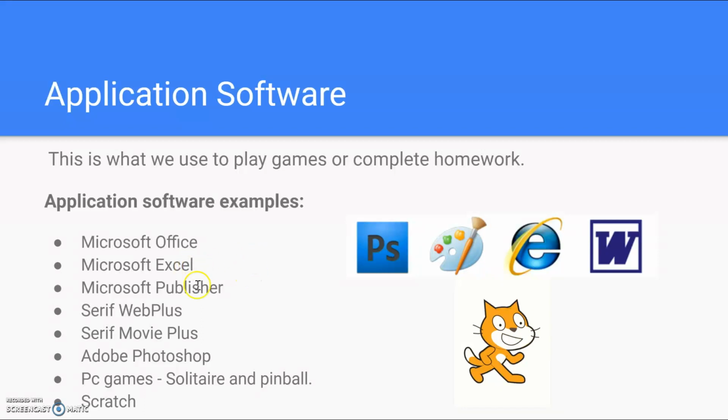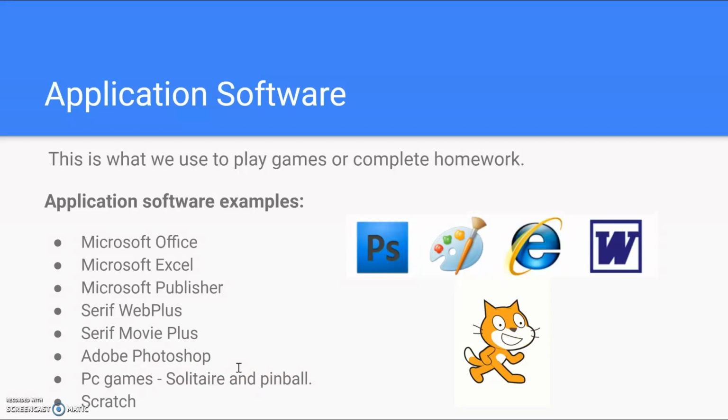Other examples are Microsoft Publisher, Serif Web Plus, Serif Movie Plus, Adobe Photoshop, and PC games like solitaire and pinball. I know that we had this conversation and not many people knew what solitaire or pinball was.